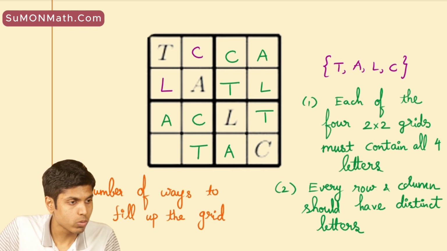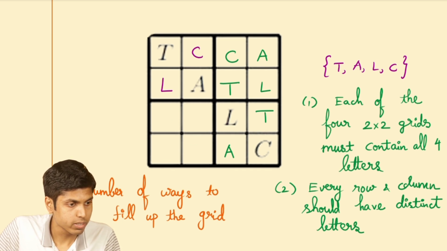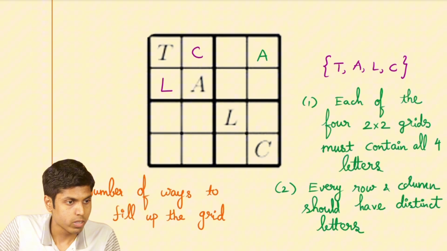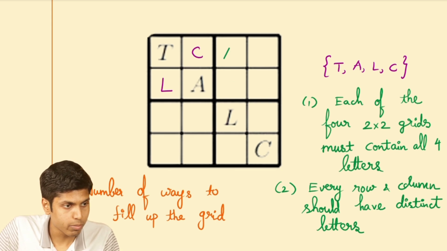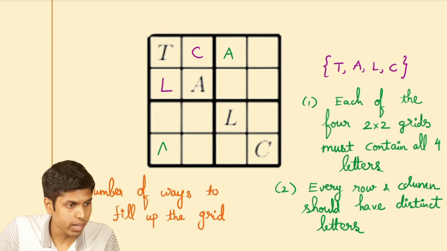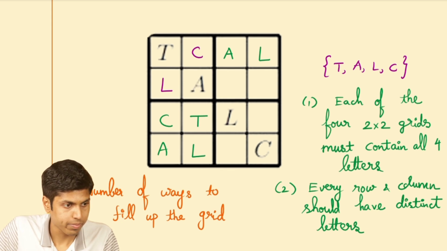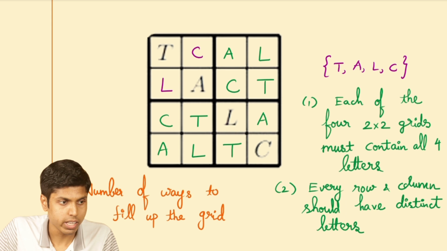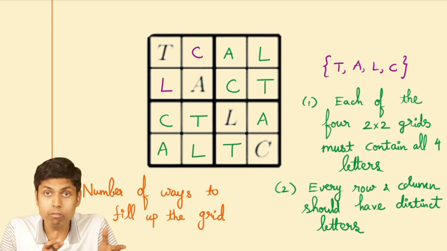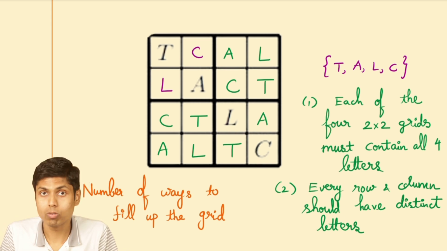You will have to think about the others now, but if you go in the same direction, this letter being A, and this will be A, C, L, and here you go with T. So this will be L, this will be T and this will be A, and here you have T and here you have C, and we have reached the end of the 4 cross 4 grid.